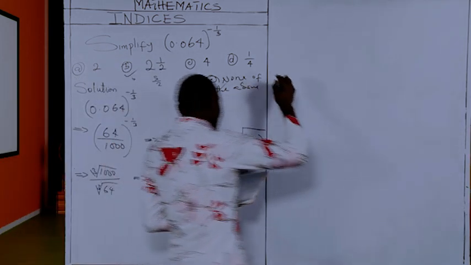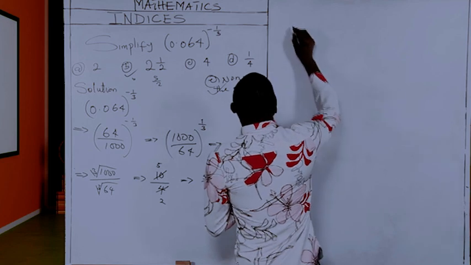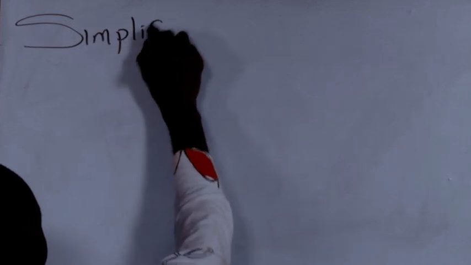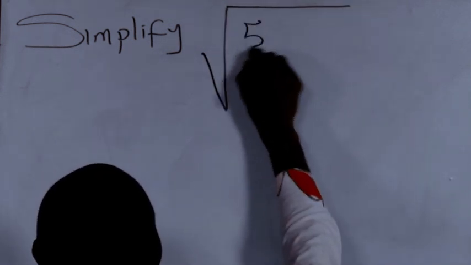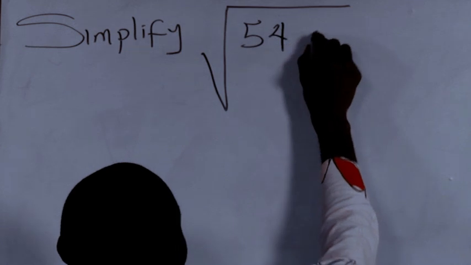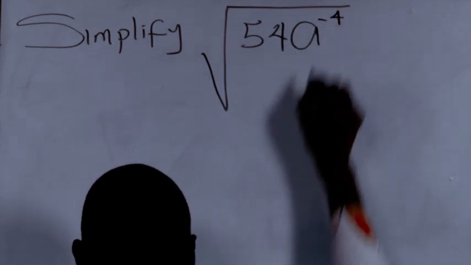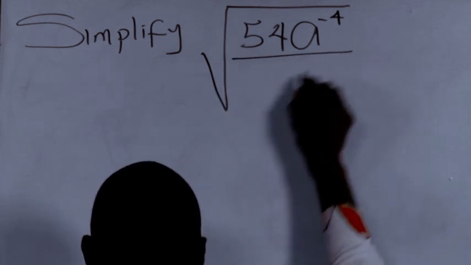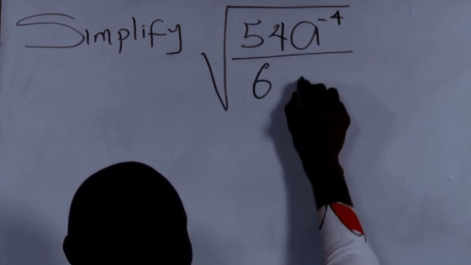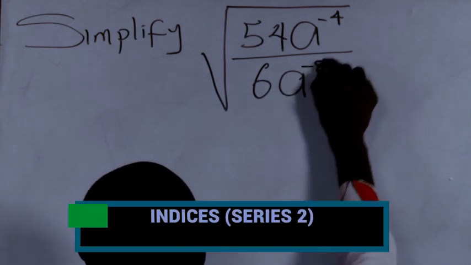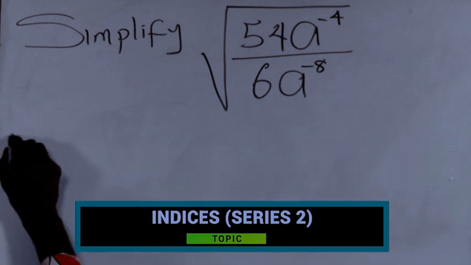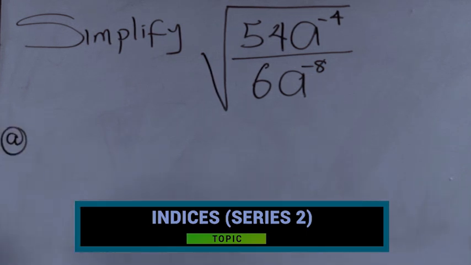Now, the next question we have here says, simplify the square root of 54a raised to power minus 4, all divided by 6a raised to power minus 8. Okay, and we are given options.